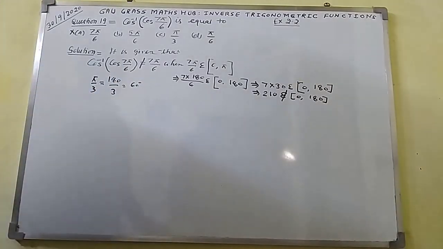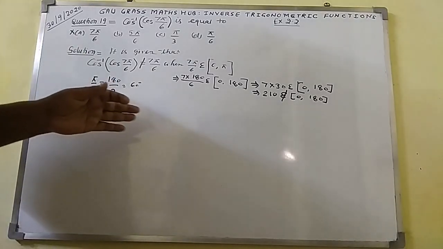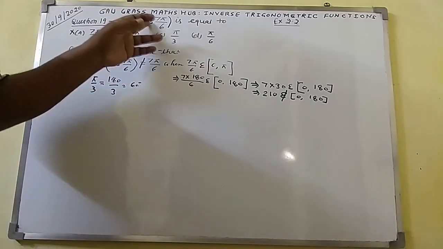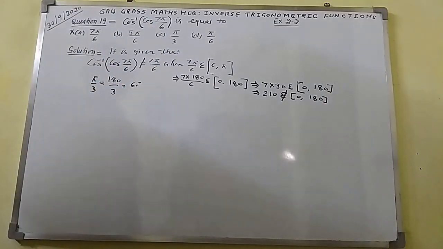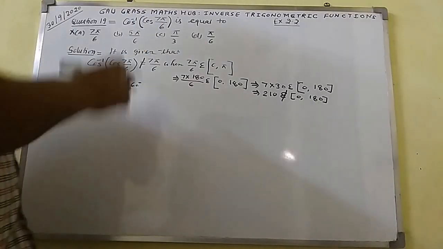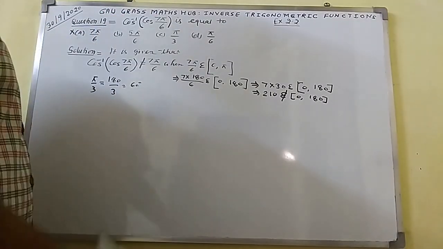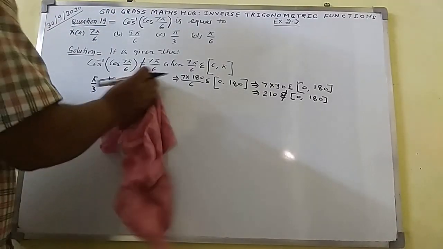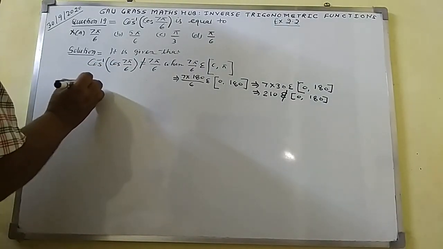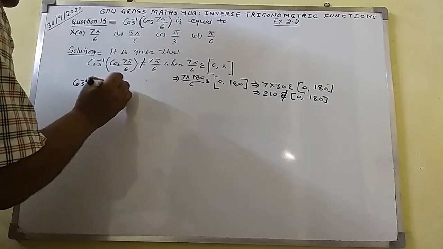So here you have to determine whether pi by 3 will be the answer of this or not. But here you have to get the solution of cos inverse cos 7 pi over 6. You have to get the solution. Now coming to the solution, here I shall write cos inverse cos 7 pi over 6.